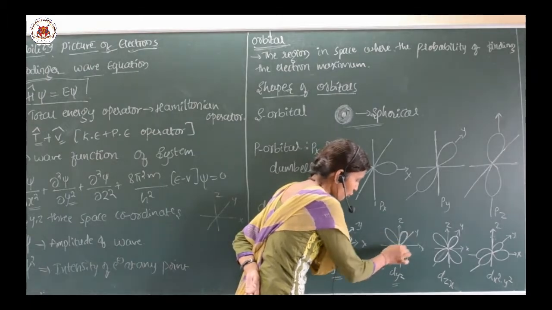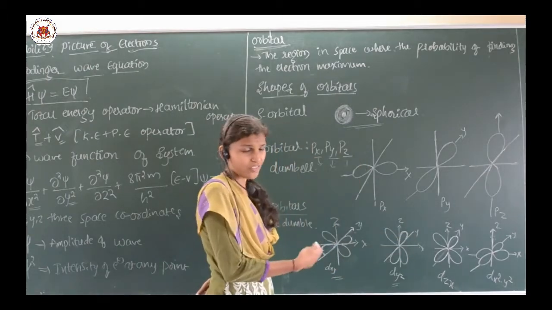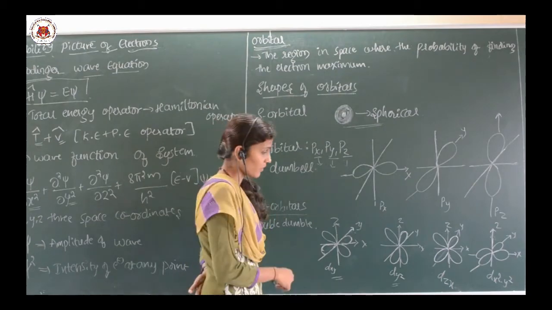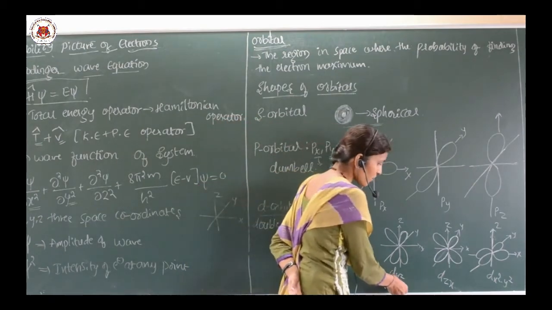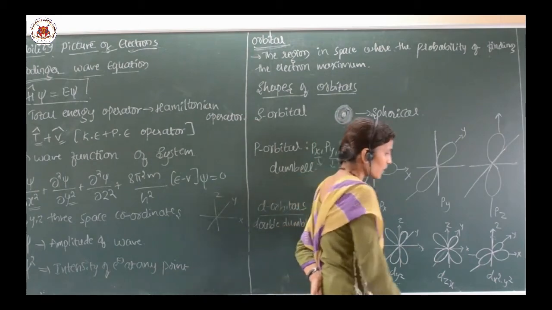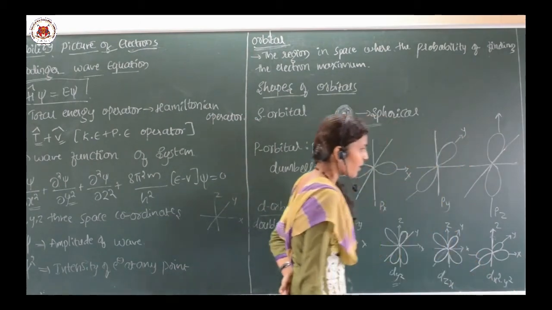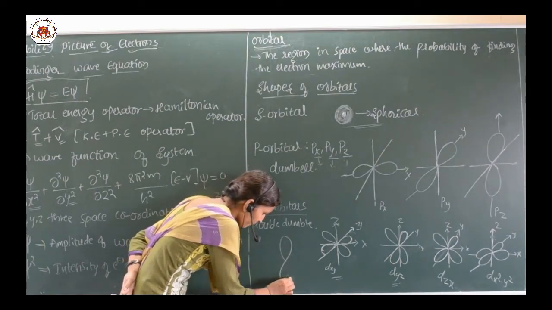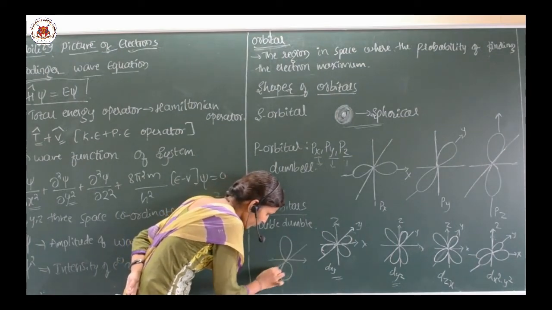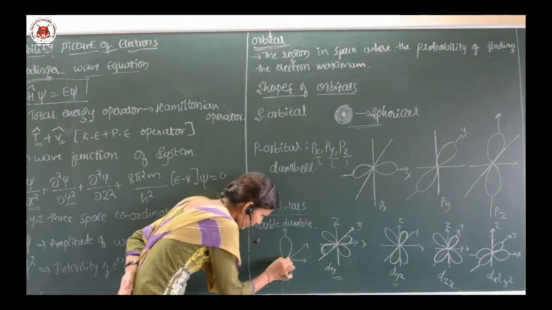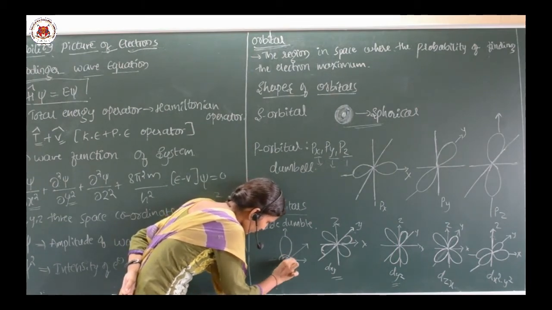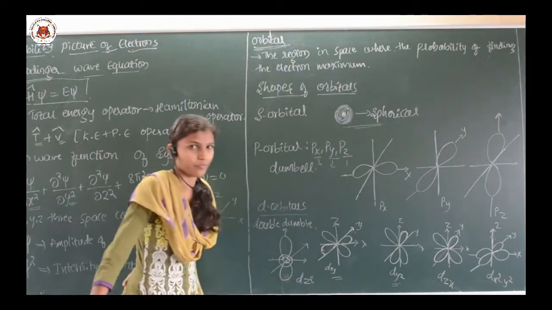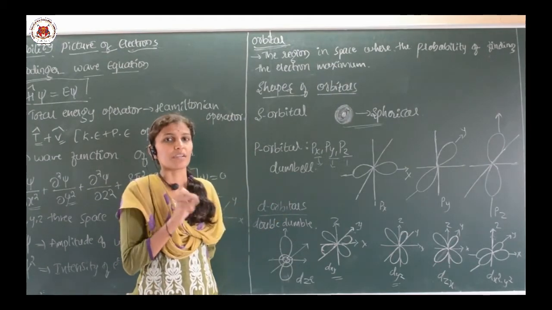Just look at the lobes arranged along the axes. If they are arranged along x and y, that will be the xy. Like this, you are going to get the dyz, dzx and dx square minus y square. And finally one more is there, that is dz square. It will be like this. This is the dz square, which also has the double dumbbell shape.